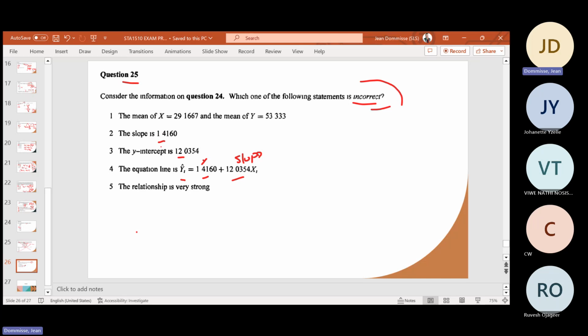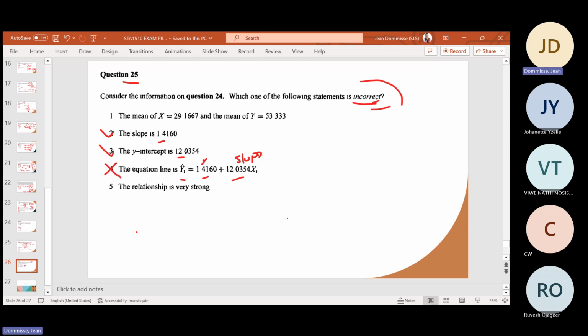If those two are wrong, for this to be right, it can't be. So only one can be incorrect. If the slope is right, this one is wrong. If that intercept is right, this one is wrong.